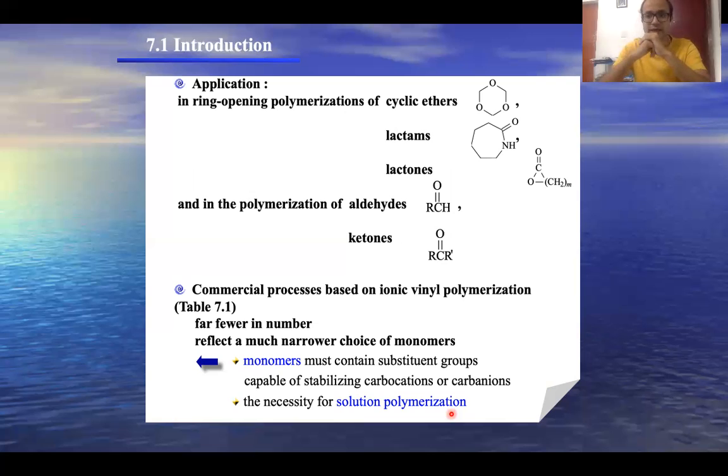If we use ionic polymerization, it is usually limited to solution polymerization, and the more industry oriented bulk polymerization cannot happen when you use ionic polymerization. So that in a nutshell gives you an idea about the ionic polymerization.